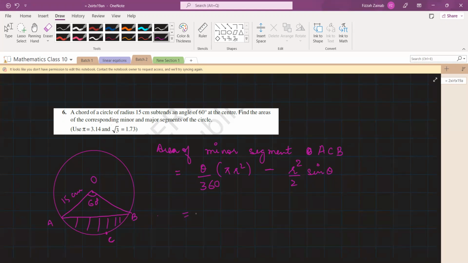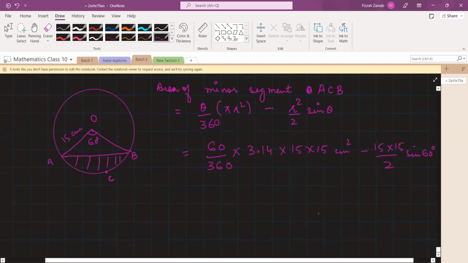Okay. So theta is 60 by 360 into pi, you have to use 3.14, into radius 15, so 15 into 15, and it will be centimeter square, minus again 15 into 15 divided by 2 sine of 60 degree. So 0, 0 cancels out.